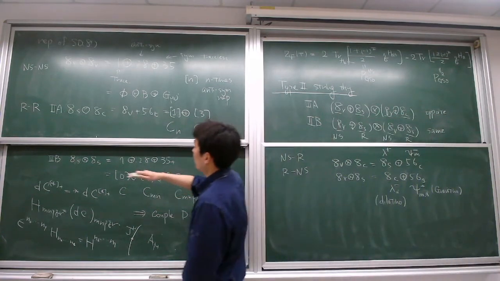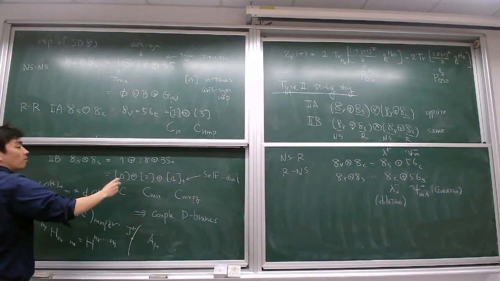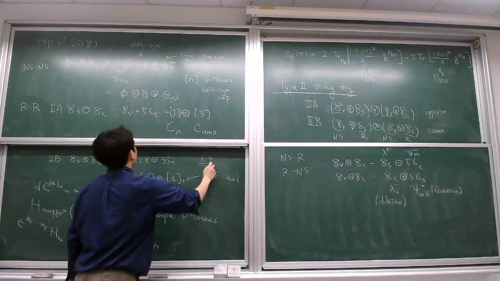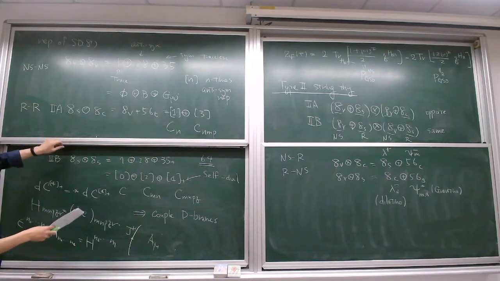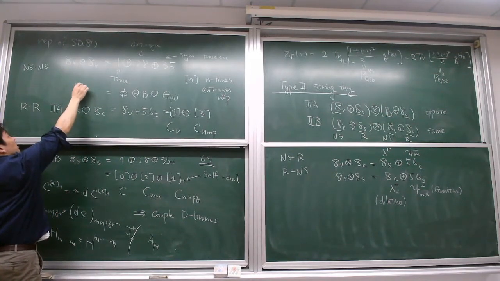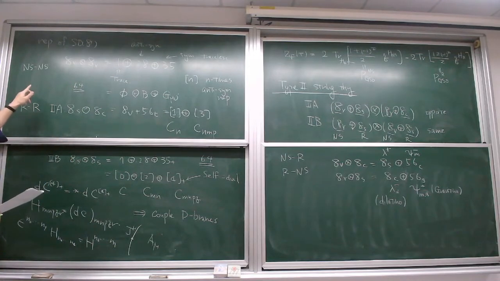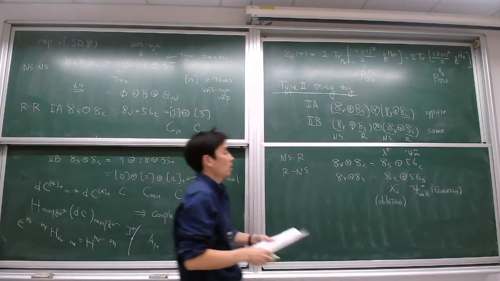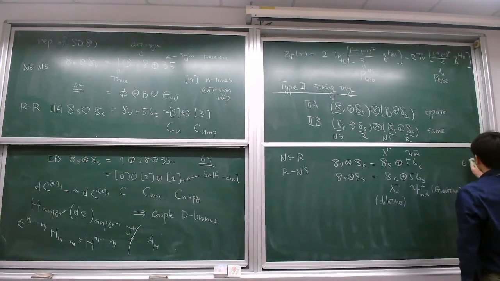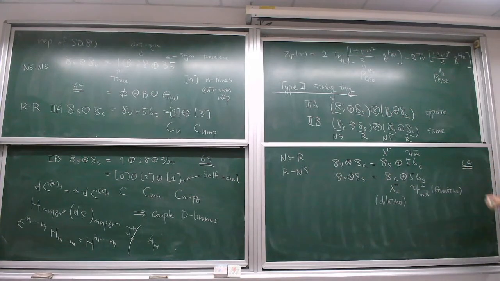Here you have 8 times 8 is 64 massless states. From NS-NS you get the bosonic massless states, and from Ramond-Ramond you have 64 massless states. Again you can see this is 64 massless fermionic states from NS-Ramond and Ramond-NS. So they are super partners to each other.